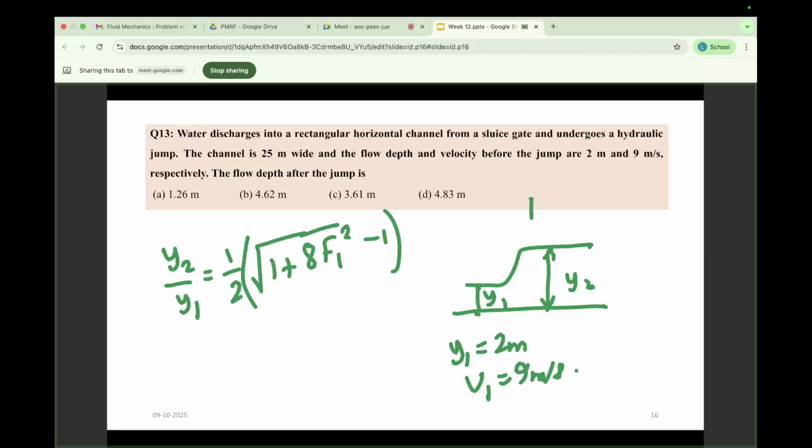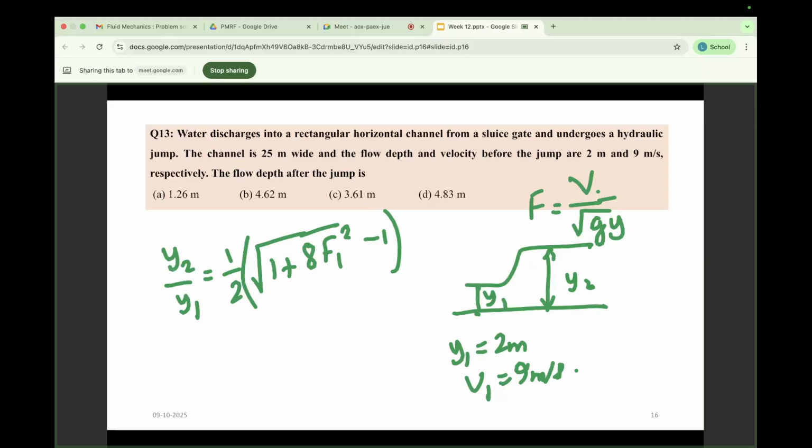Okay, so the Froude number, what is the formula? The Froude number means V by root of g y. But in this question, what is given? V1 is given, right?